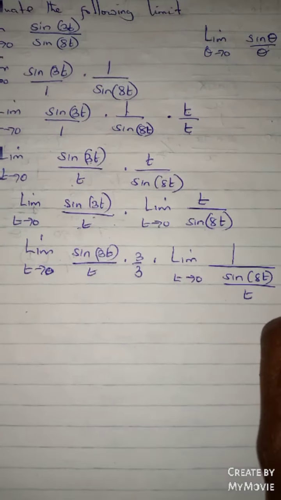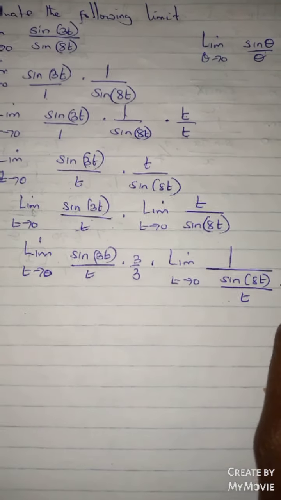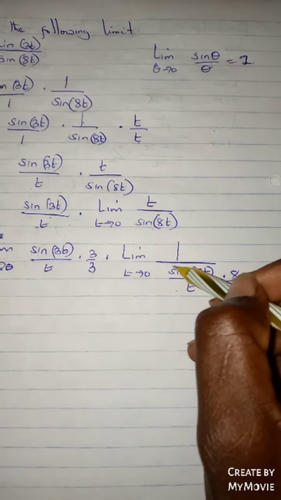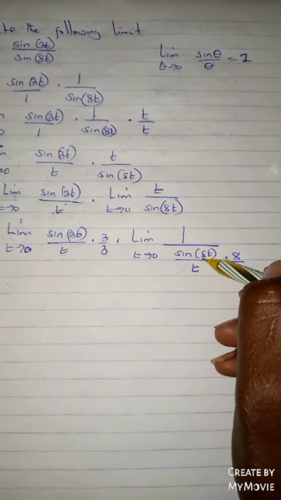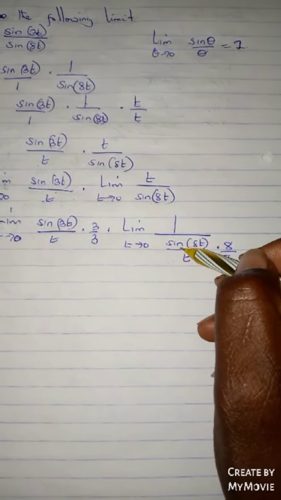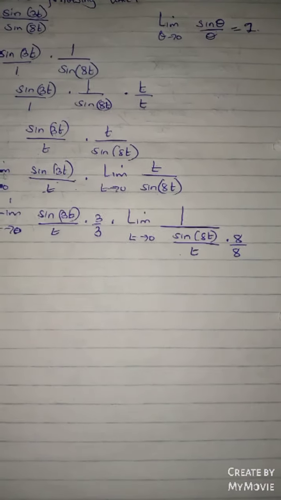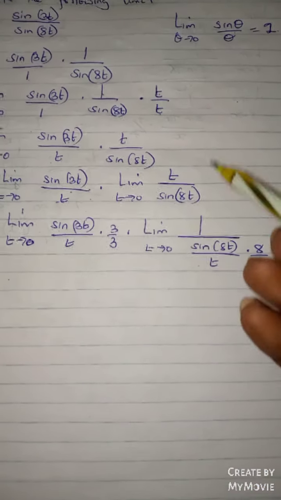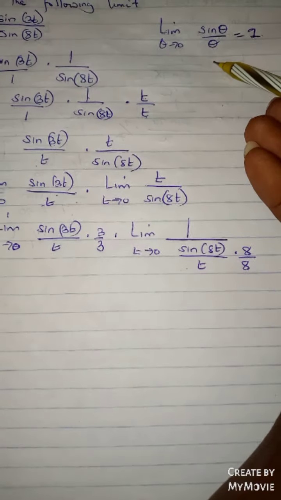And then after that, to bring this 8 here, we multiply by 8 over 8. We are placing 1 over a reciprocal of that function, because we want the sine of a function to be on the numerator, not on the denominator. So if it will be in the denominator, it will not qualify our condition, which is this one.